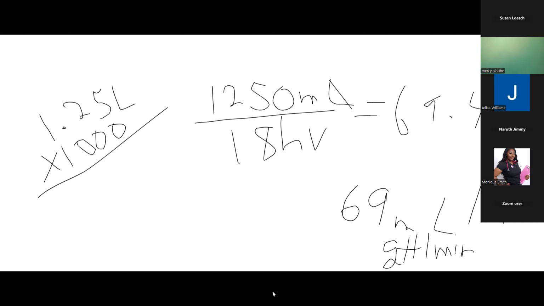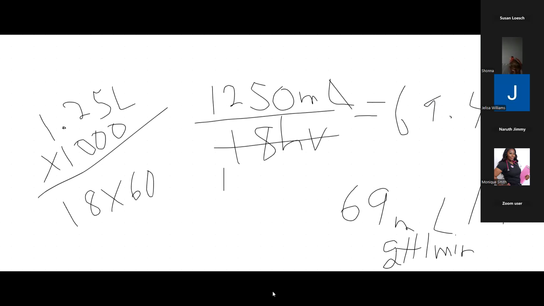And we know that we have 1250, our mLs didn't change, but our time is in hours. So we're going to need to convert that. So we're going to take our 18 and do what with it? Multiply times 60. So 18 times 60 gives us 1080. Okay. And then we take our 1250, divide that by the 1080. And then that should have gave you 1.157, blah, blah, blah.